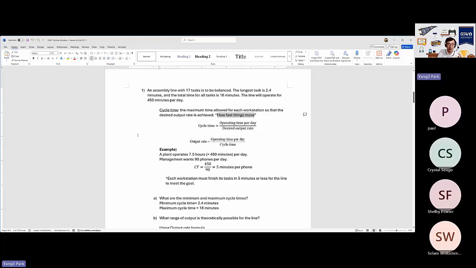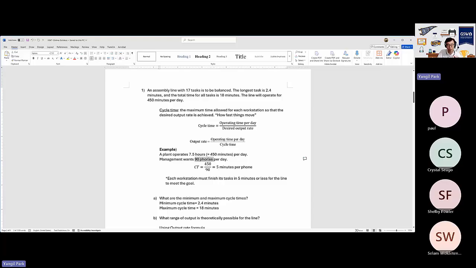In this example, we have 90. This is just an example, not related to this actual question, but I'll give you some idea what exactly we're talking about with cycle time. So here's a different example. A plant operates 450 minutes per day, and we want to produce 90 phones.